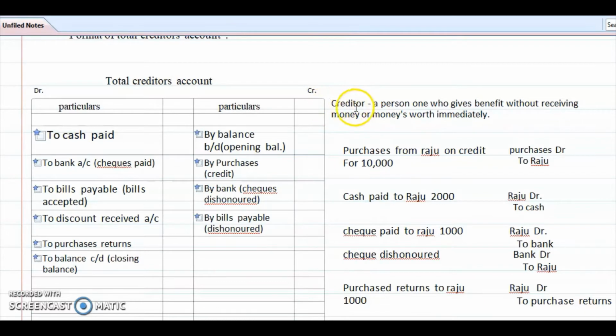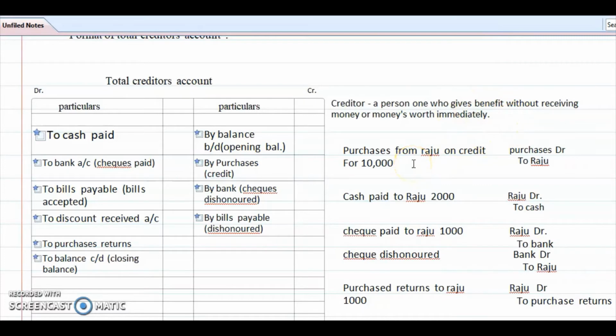A creditor is a person who gives benefit without receiving money or money's worth immediately, but in future will definitely receive the money.